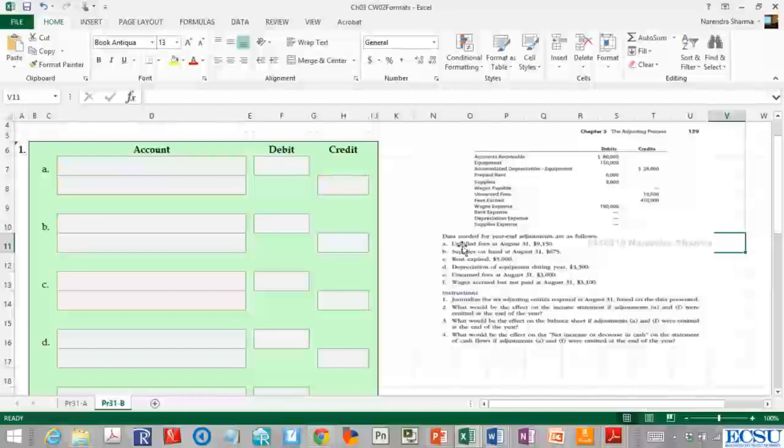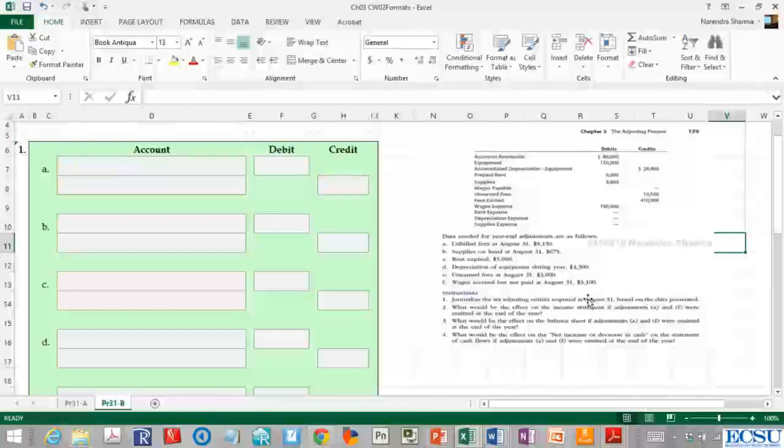Number one is unbilled fees at August 31st is 9,150. So that is the first thing. And the second is supplies on hand at August 31st is 675.